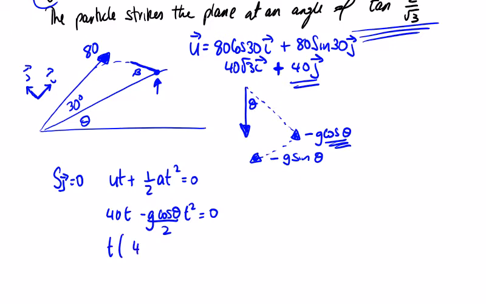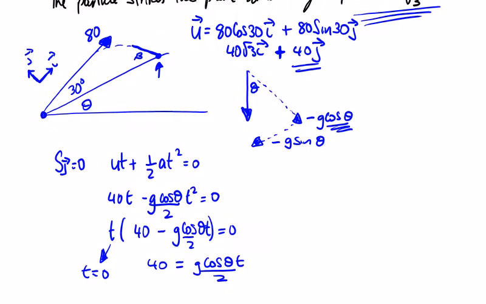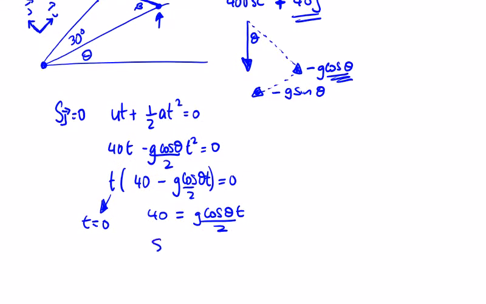Factor out my t to get 40 minus g cos theta over 2 times t equals 0. So my initial time of 0 being here, and 40 would have to be equal to g cos theta times t over 2 for the bracket to be equal to 0. So 80, and we're going to divide by g cos theta, would have to be the time it takes to get to this landing point.